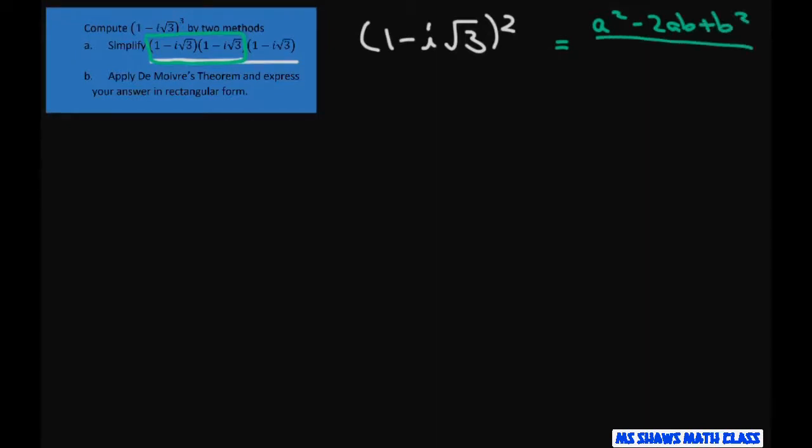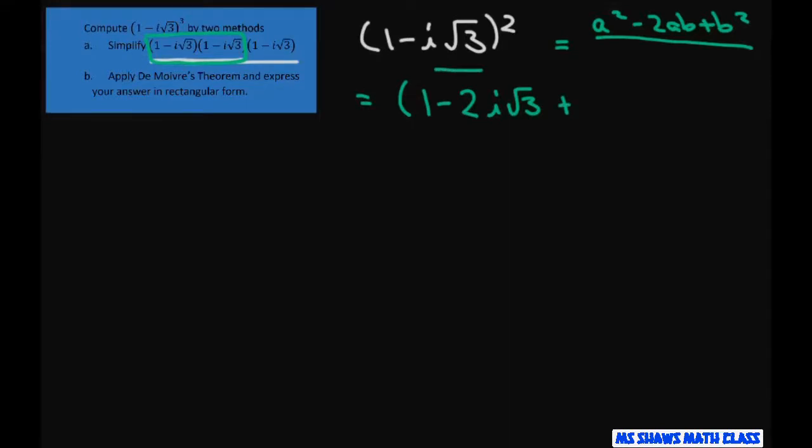So if I multiply these two, I get (1 minus i square root of 3) squared. So I'm just multiplying these two first. And that gives you, if you use your a squared minus 2ab plus b squared factoring facts, this equals 1 minus 2ab, so 2i square root of 3, plus, and then you square this part.